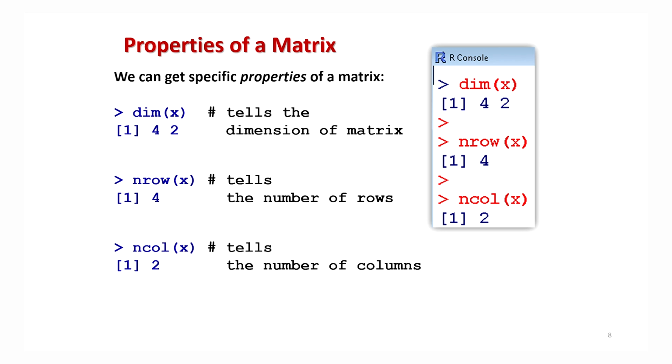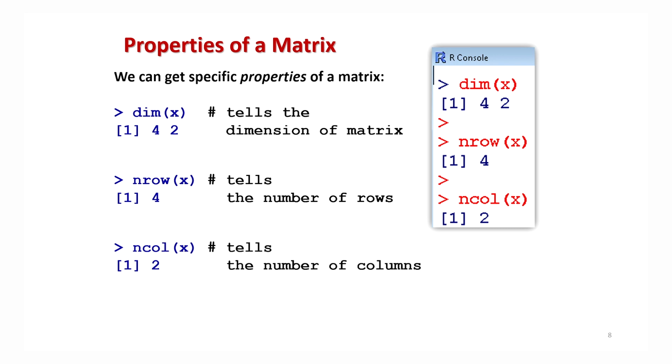But suppose some unknown data set is coming from outside and you do not know the number of rows, the number of columns, etc. And in order to move further, you need such information. So, the question is how would you know the dimension of the matrix, the number of rows and the number of columns.